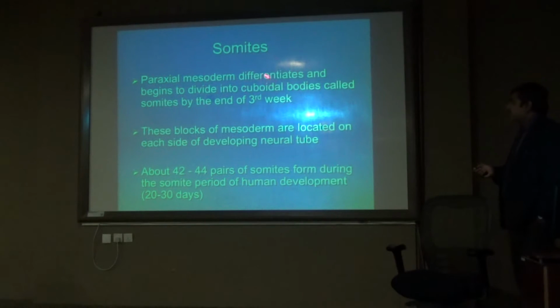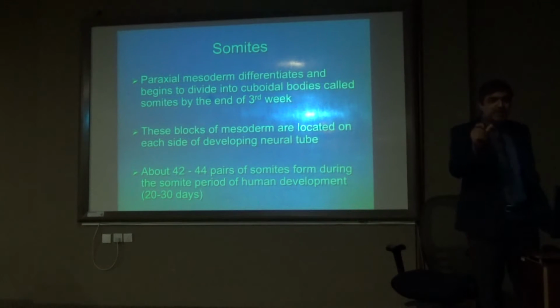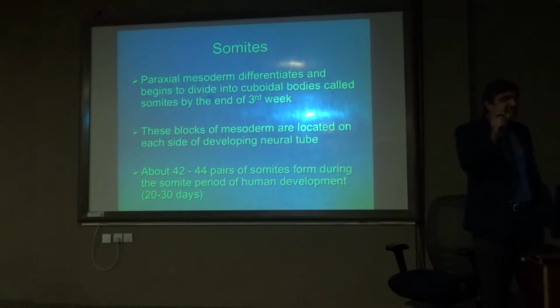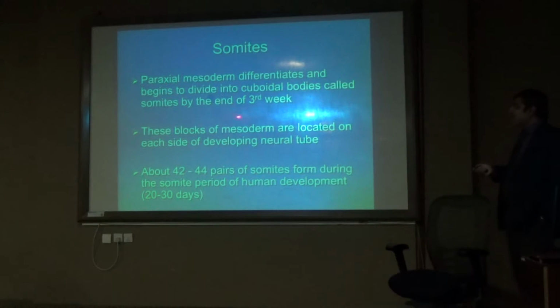This mesoderm differentiates and begins to divide into cuboidal structures. Cuboidal means cube-like, like the ice cubes we have. You saw the somites; they look like ice cubes. These cube-like structures are known as somites by the end of the 3rd week.